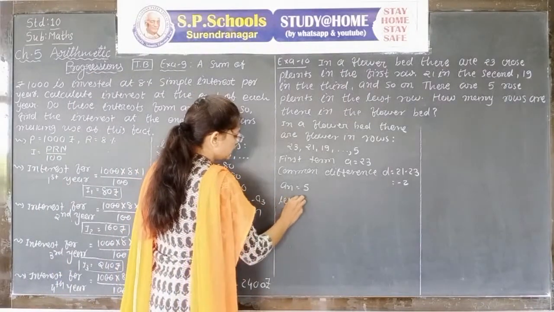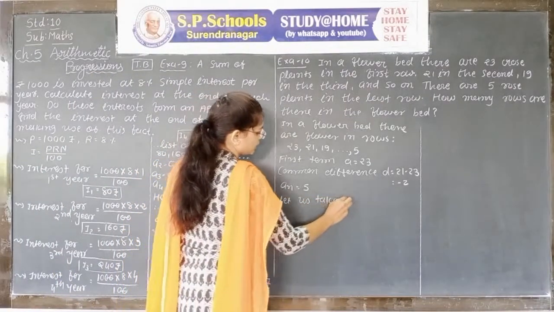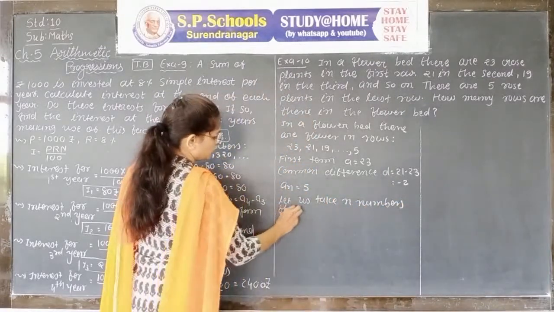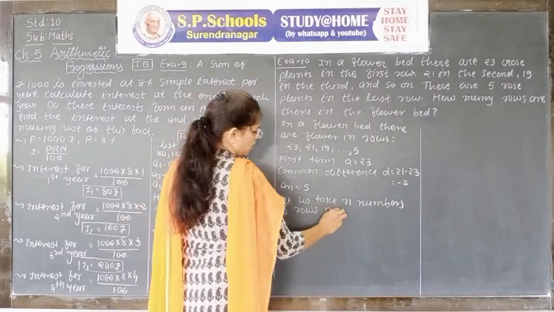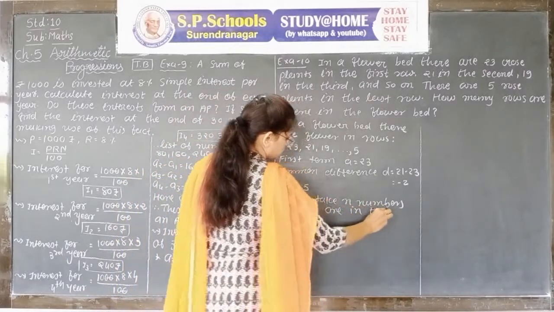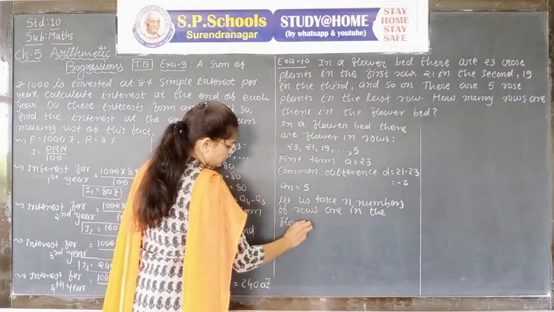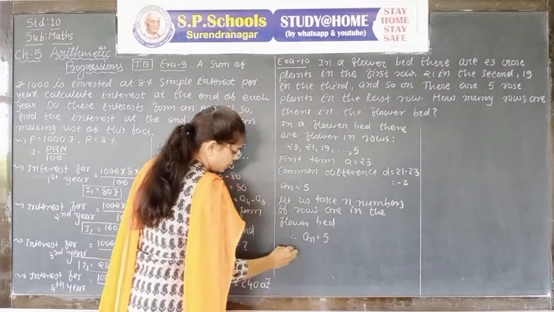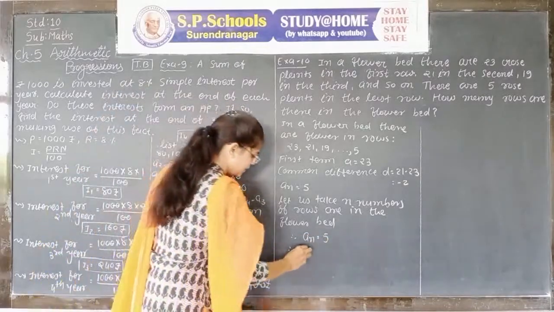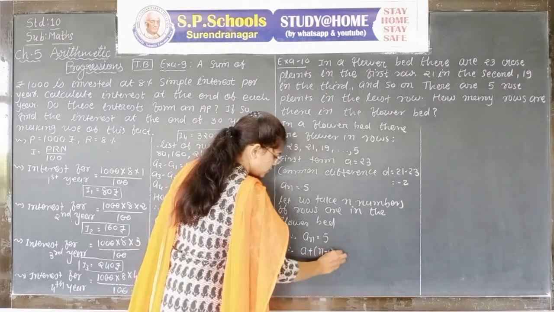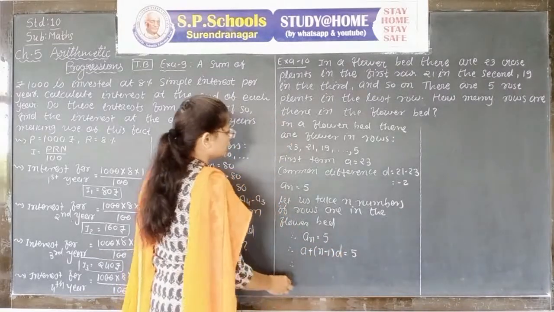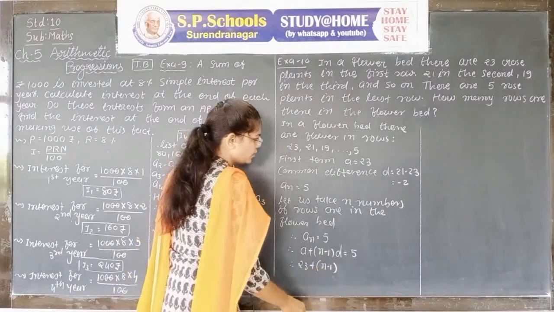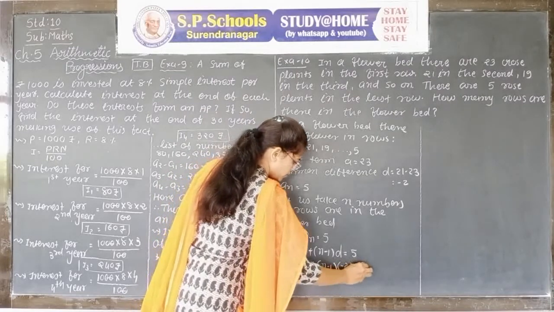Let us take n rows in the flower bed. That's why An is equal to 5. We know the formula to find An: An is equal to A plus n minus 1 into D is equal to 5, where A is 23, plus n minus 1, and common difference D is minus 2, is equal to 5.